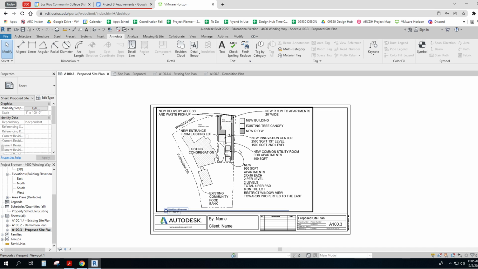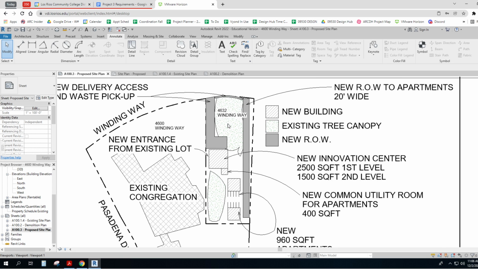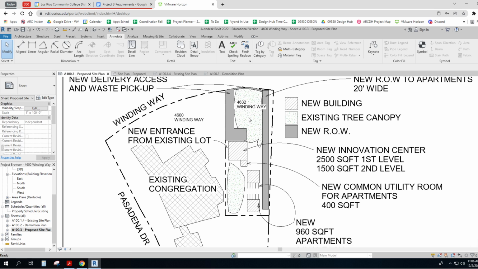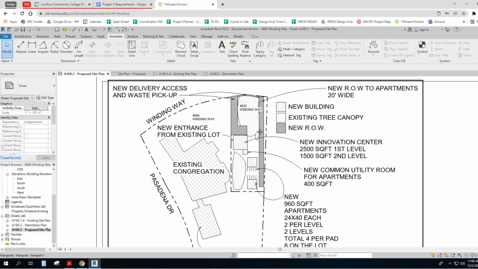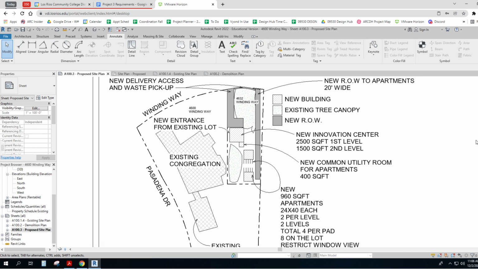So let's look and see what changed. I've got the existing community bank, the existing congregation. So I listed those as existing. And then I put some new stuff in here. Let me zoom out just a hair. That looks like I'll catch everything I want to see.